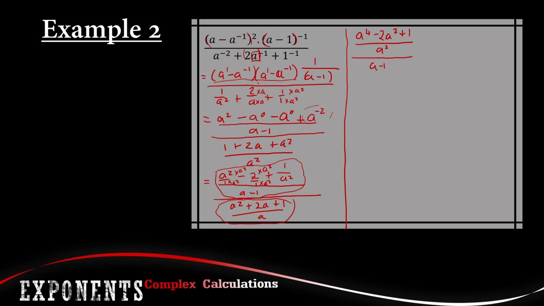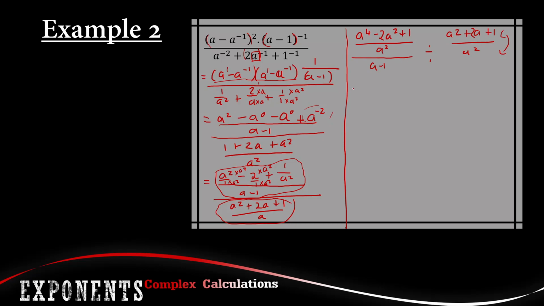Okay, and that's now the top fraction, divided by, so I'm just expanding them, a squared plus 2a plus 1 over a squared. So what I'm going to do to simplify these things, I'm going to now change this into a multiplication sign and swap these two around. In the same step, I'm going to just factorize this as well. Okay, and I'm going to factorize that.